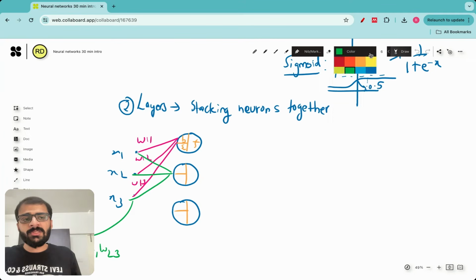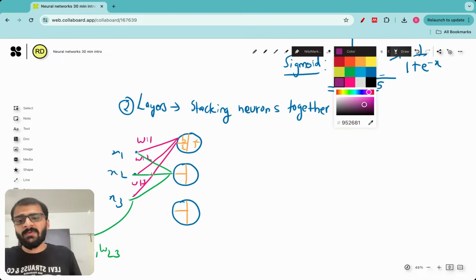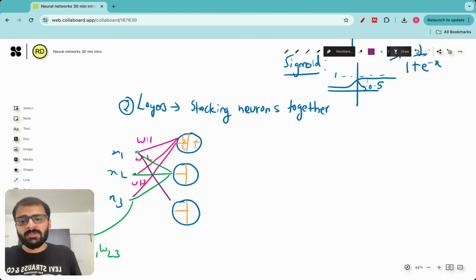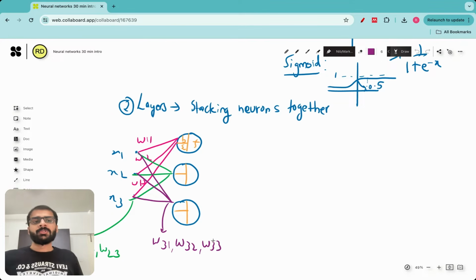And not just that, the third neuron will also have three weights associated with it: W31, W32, and W33. So overall, there are nine weights in this kind of layer which has three neurons.